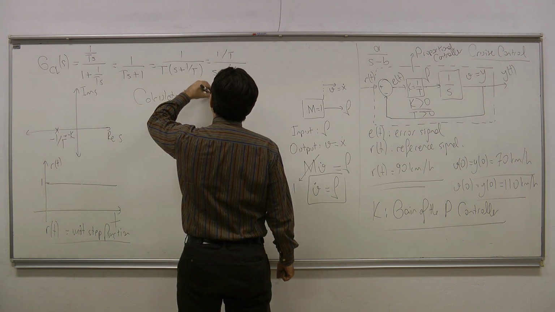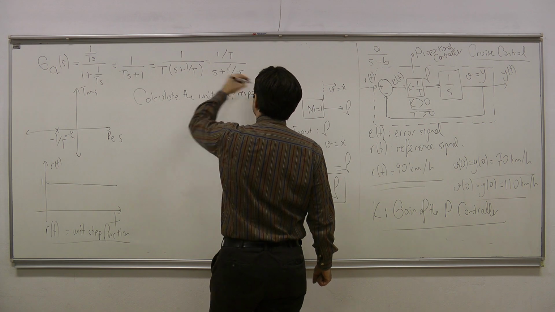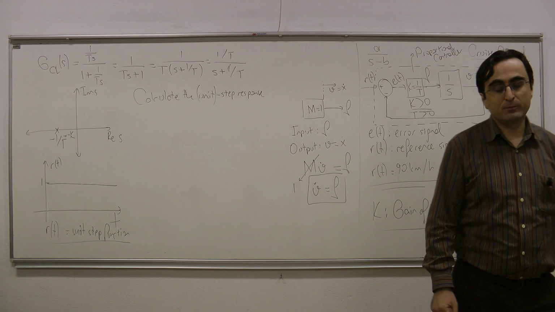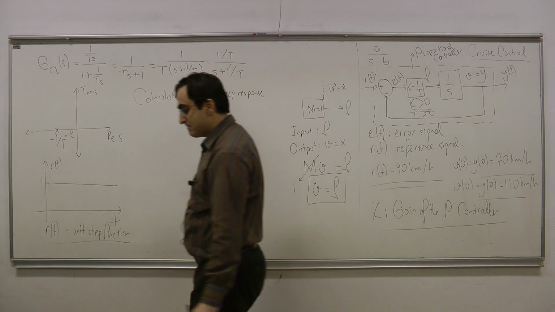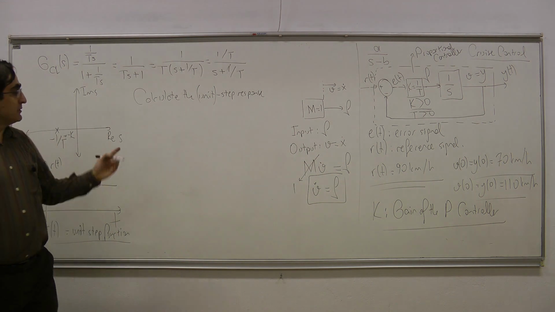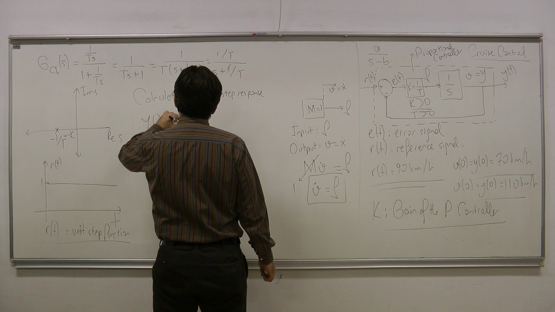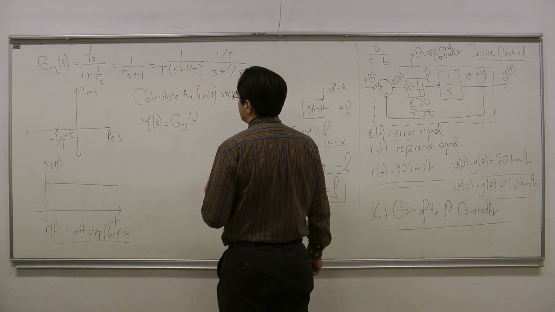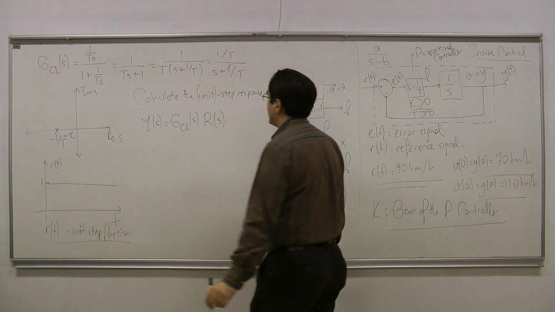So here let us calculate the unit step response. This unit is just optional here. Sometimes we just say step response of the system. Okay? So remember our theory. Y of S, in this case, we are calculating the output of the closed loop system to unit step input.